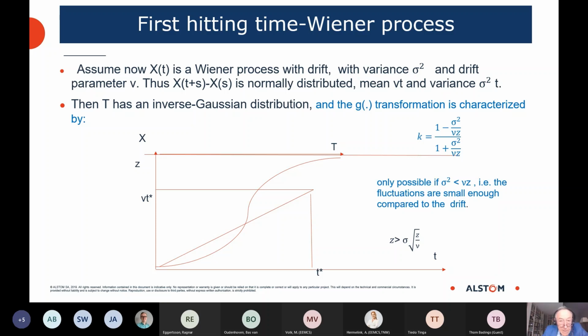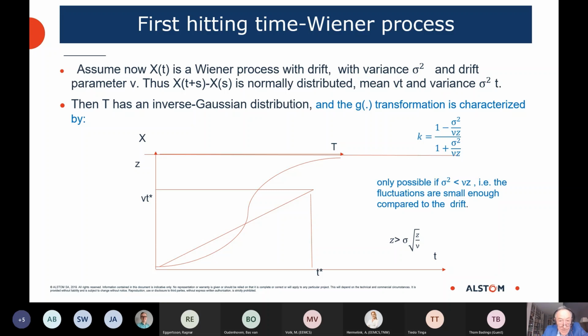Then we can find the G transformation, and the K coefficient is given by this. And we see that K is less than 1, provided we have this inequality: sigma square is less than nu z.